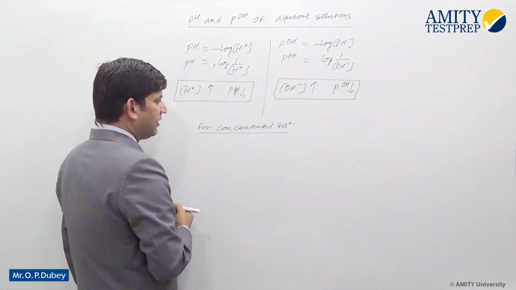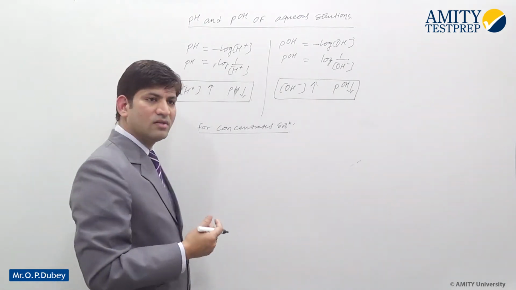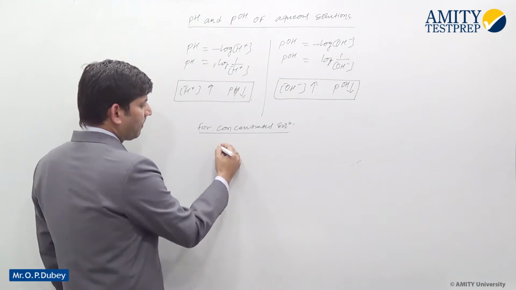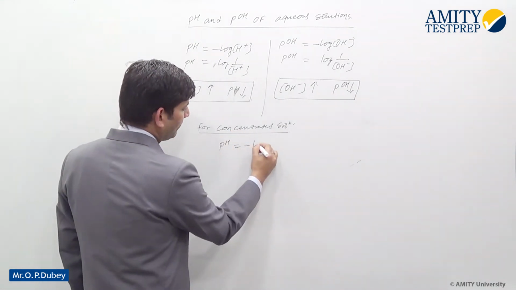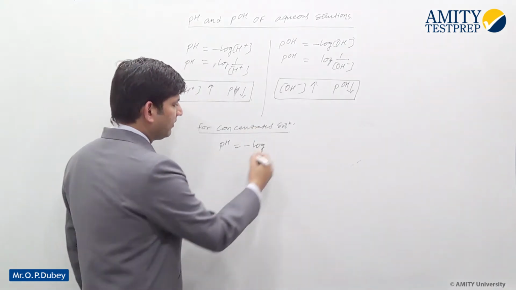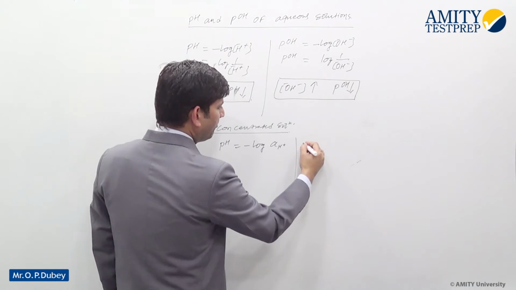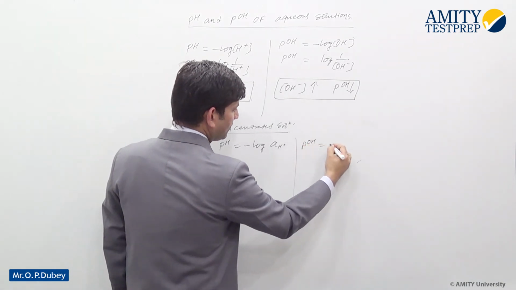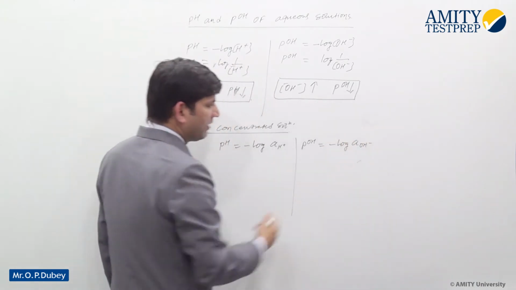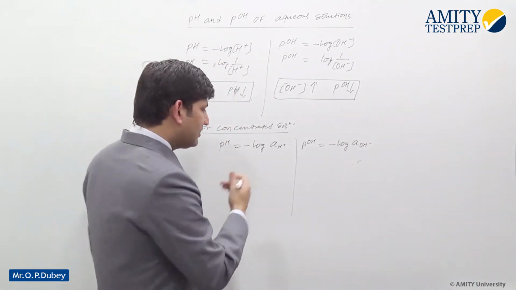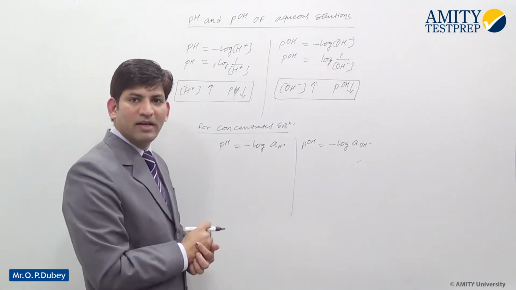For a concentrated acidic or basic solution, the pH is defined as the negative logarithm of the activity of the H+ ion, and the pOH is the negative logarithm of the activity of the OH- ion. What is the activity of the H+ ion or the OH- ion?